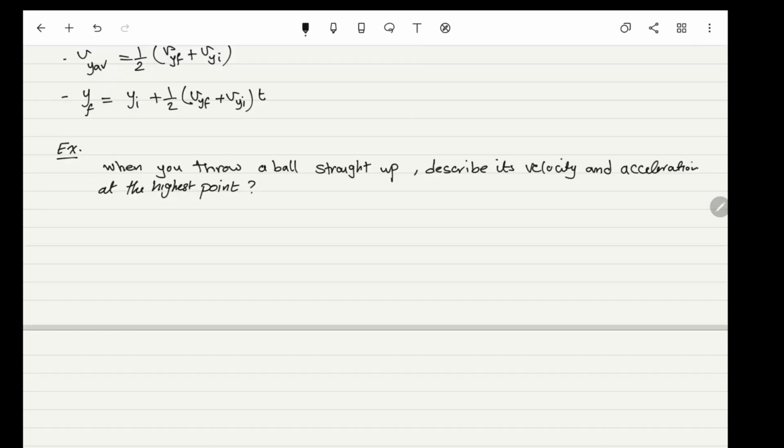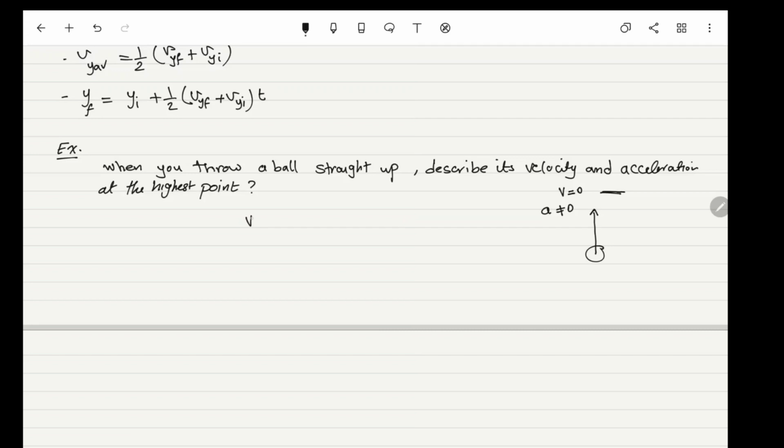Now let's have an example here. When you throw a ball straight up, describe the velocity and acceleration of that ball at the highest point, assuming that there is no air resistance. When you throw a ball up and it reaches the maximum height, the velocity momentarily will be 0, and the acceleration will never be 0 because it's constant.